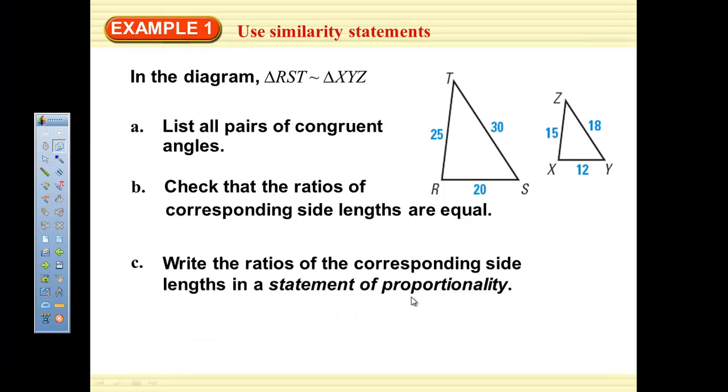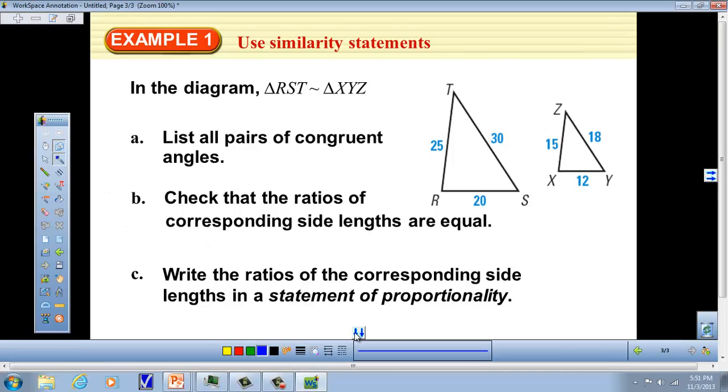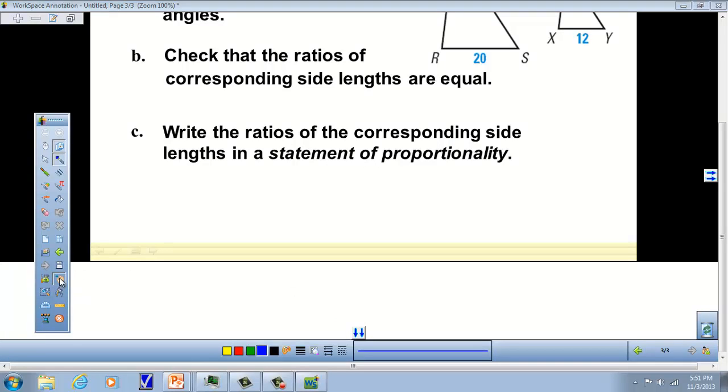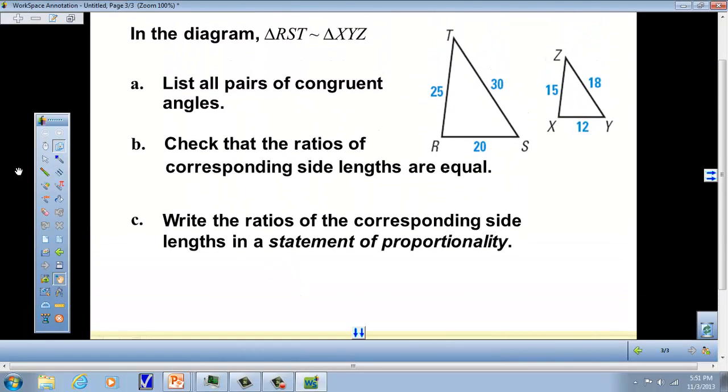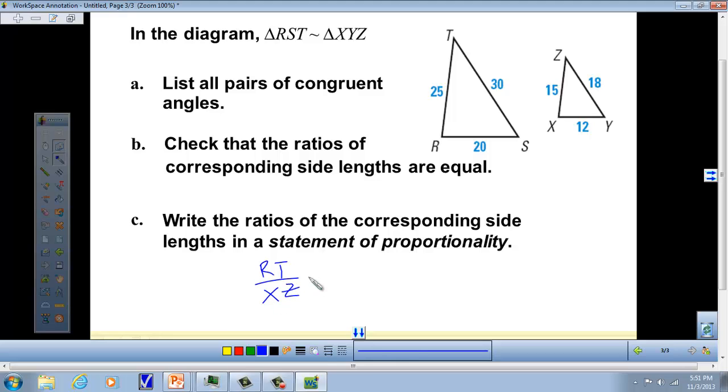And finally, we want to write a statement of proportionality for all 3 side lengths. So let me get this set up so that we can see it clearly. The first one would be, and you can write this in any order, but RT matches up with XZ, and that's equal to RS, which matches up with XY, and finally we can state that ST over YZ works.